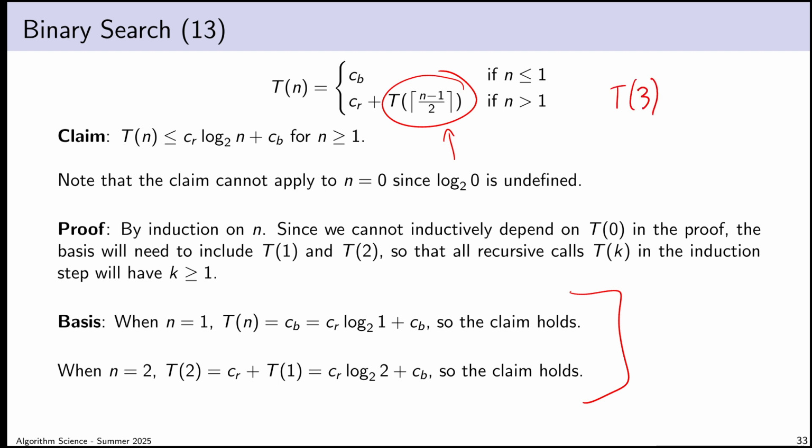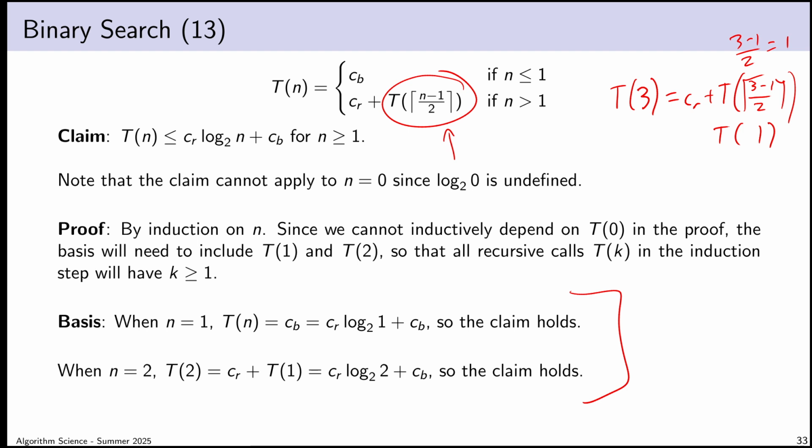So T sub 3, or T of 3, is equal to CR plus what? Plus T of, okay, so 3 minus 1 over 2. Okay, that's T of 1, right? Because 3 minus 1 is 2, and so this would be 1. Okay, so T sub 1. So it looks like basically every term after T3 will depend on T1 or T2 or T3 or T4.